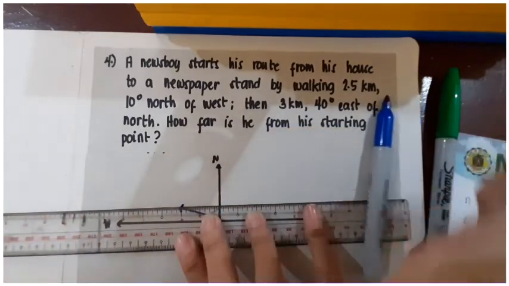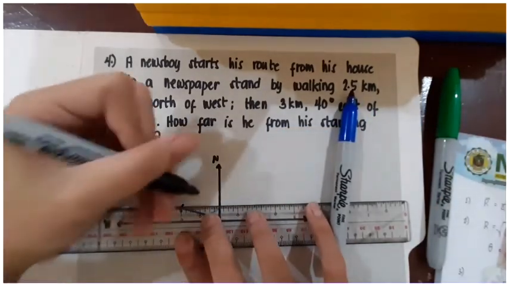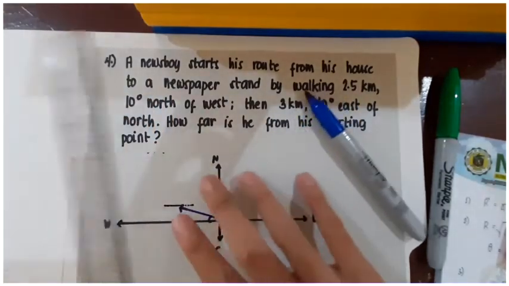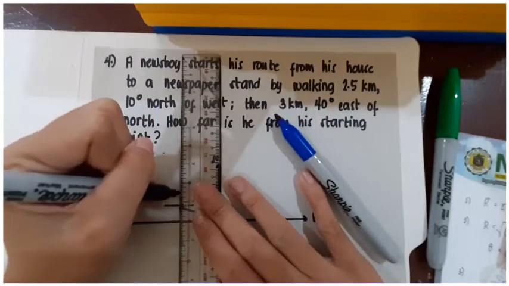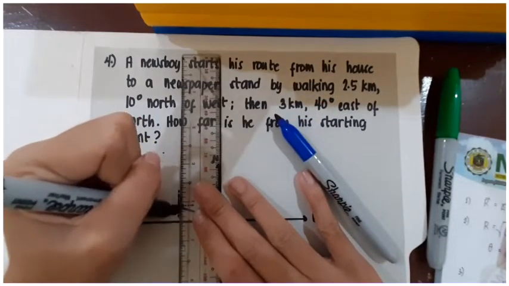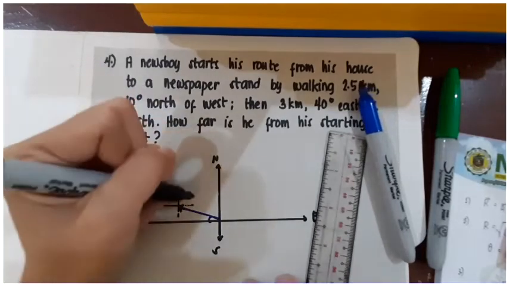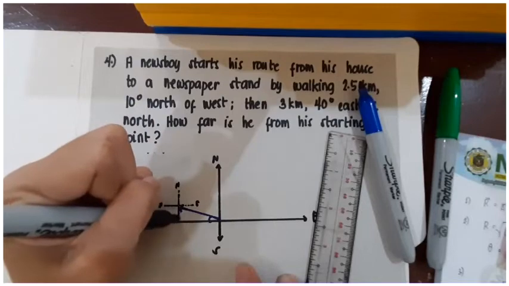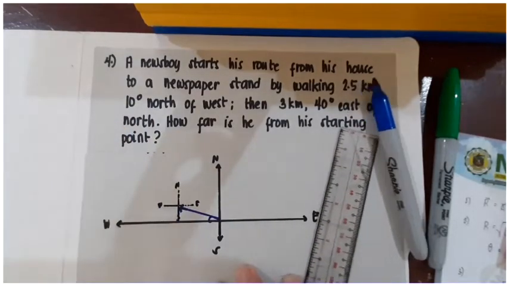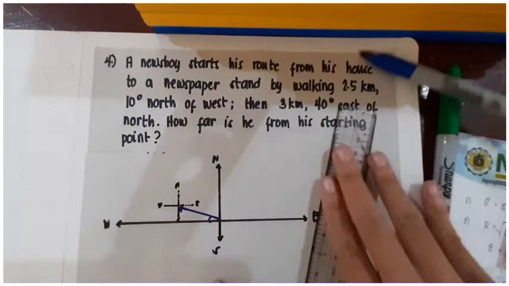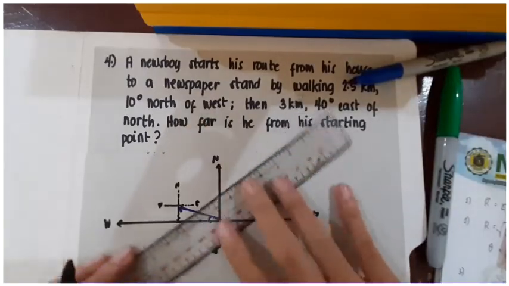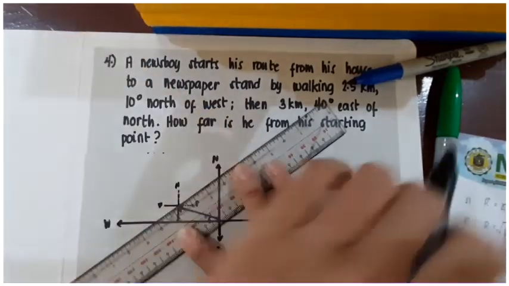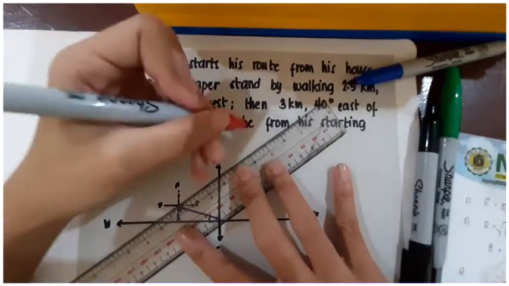So, magdodraw naman tayo ng another plane here, or an imaginary partition plane here sa kanyang starting point. So, this is your north, east, west, and your south. Okay? So, 3 kilometers, 40 degrees east of north. So, dito, east ni north, 40 degrees. And then, 3 kilometers.